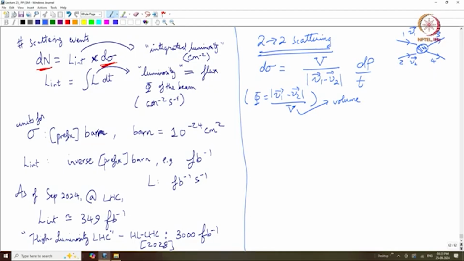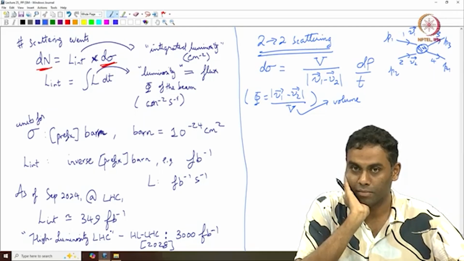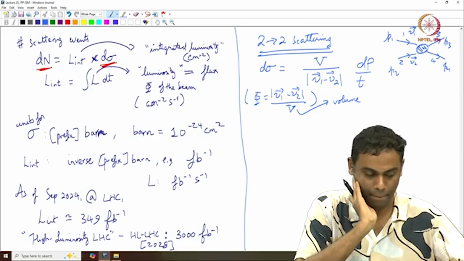Now we need to figure out what each of these quantities actually is, and in particular what this dP is. Of course it is the probability for the incident particle to scatter, but in terms of what you do have here, like the 4 momentum of the initial state, 4 momenta of the final state, and so on, what could that probability be is what we are trying to find here.